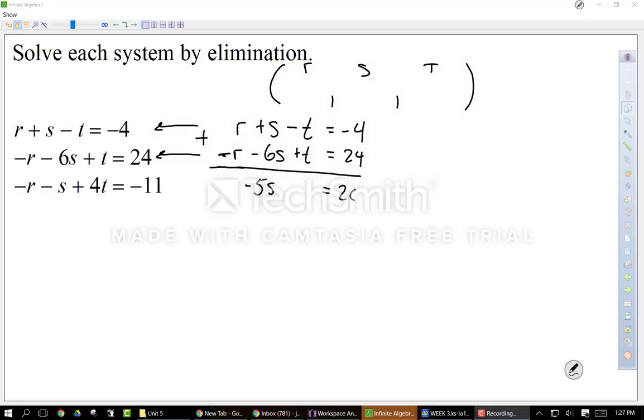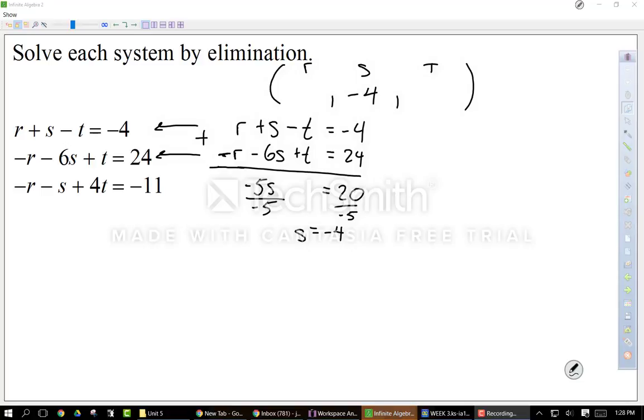Equals 20. Now, some of you are like, well, what happened to my R's and my T's? They just canceled. Because of the way the problem worked out, they just ended up canceling. So, what do I know? I know that S is equal to -4 already. After the first set of manipulation, S is already equal to -4.